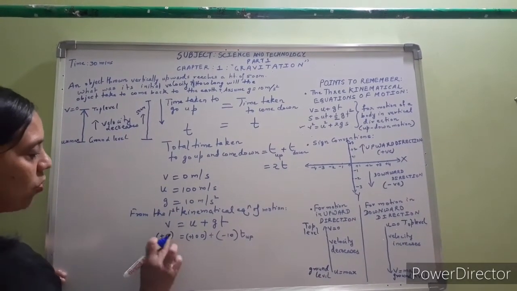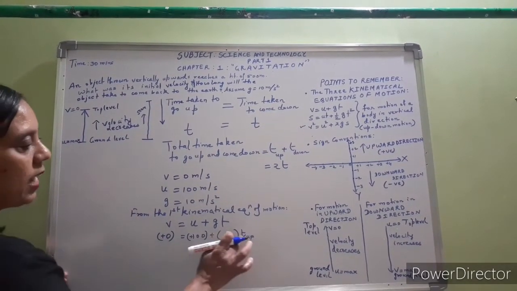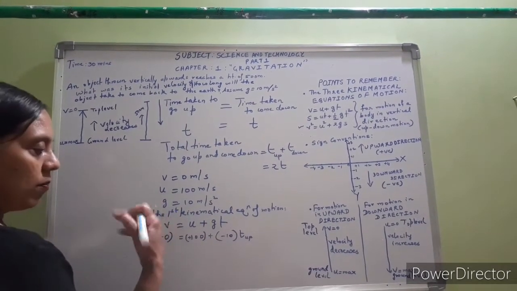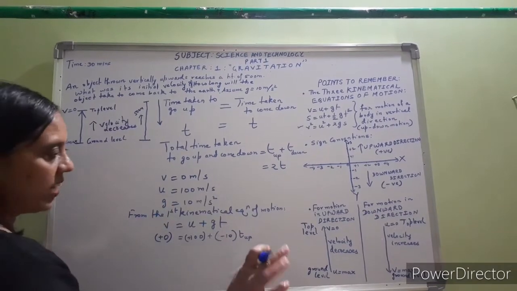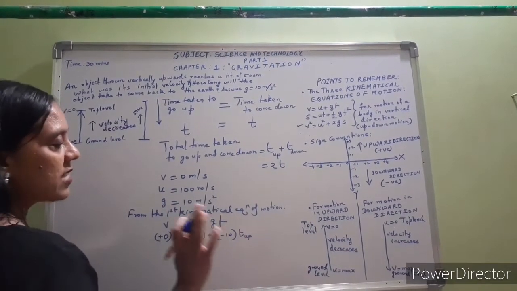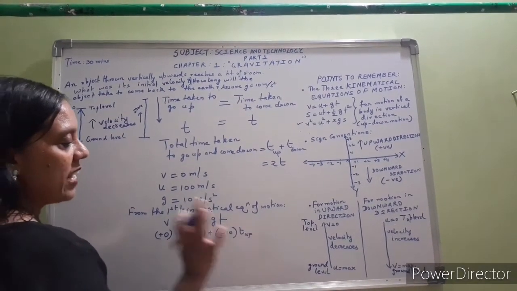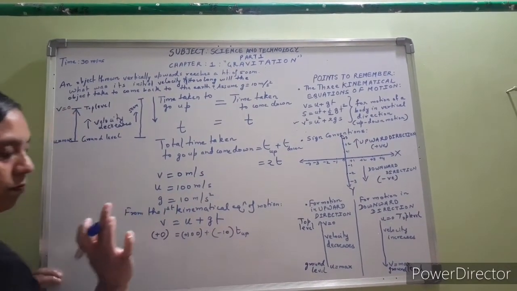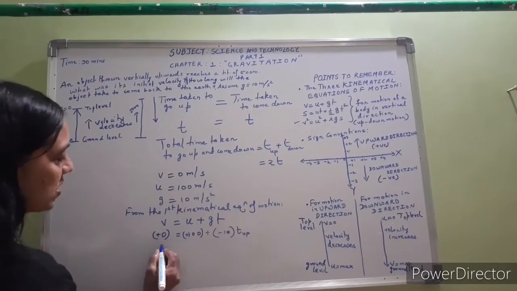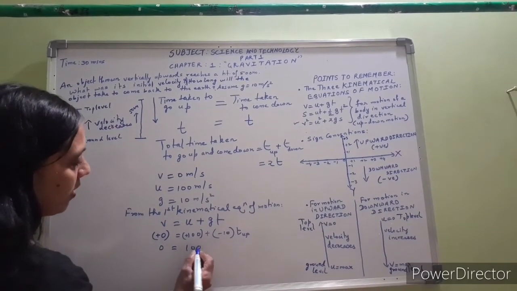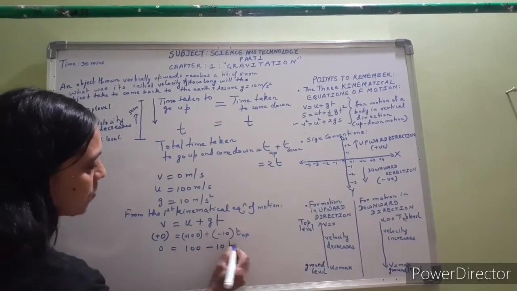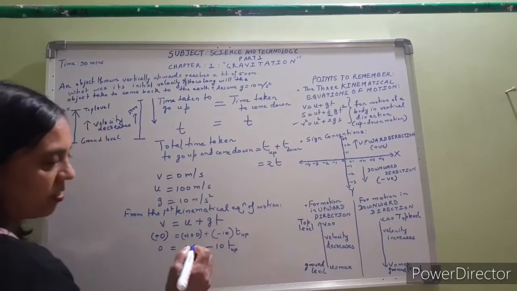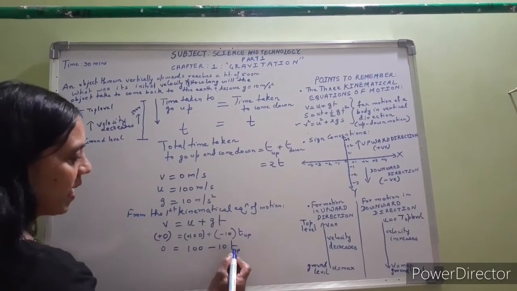So plus 100 because I am taking the upward direction, that is why u will be positive. g is always negative. t को, टाइम को साइन नहीं रहता क्योंकि t is scalar. But I am finding time for the upward direction. So 0 is equal to 100 minus 10t, plus minus will become minus 10t. t is time taken to go up. So t up I have written.